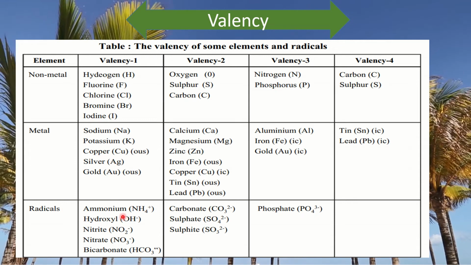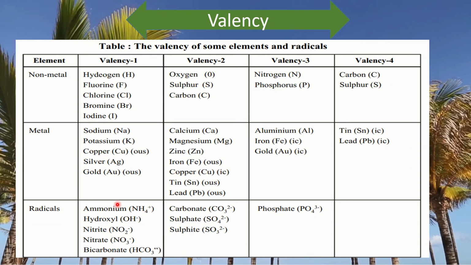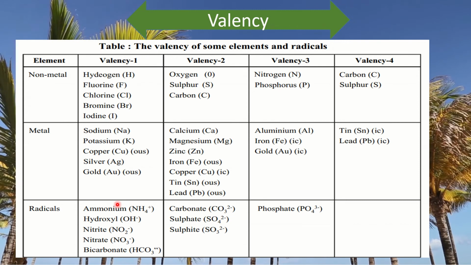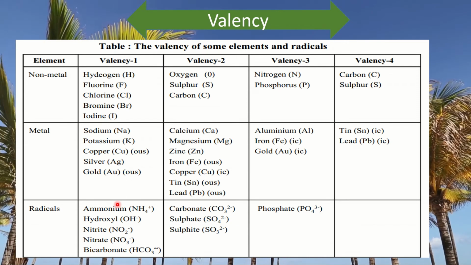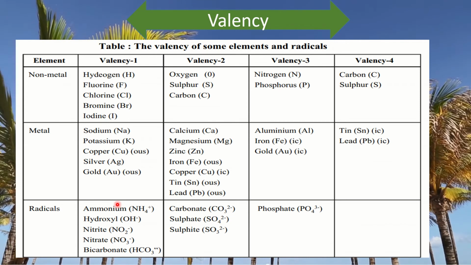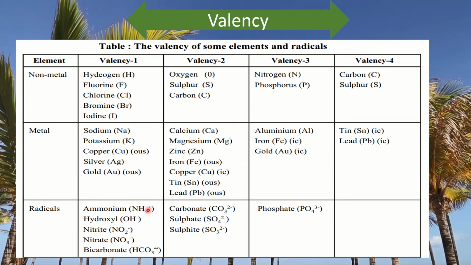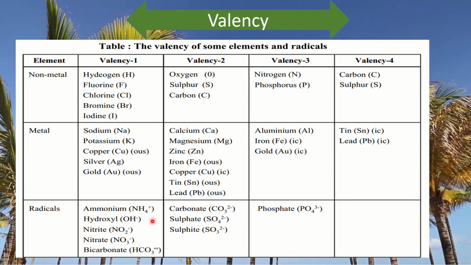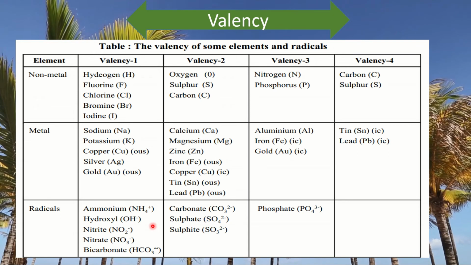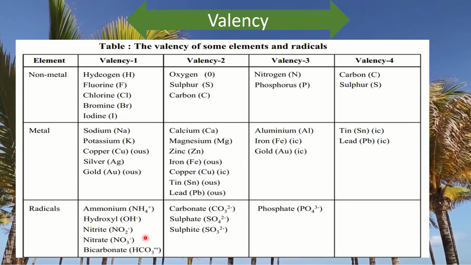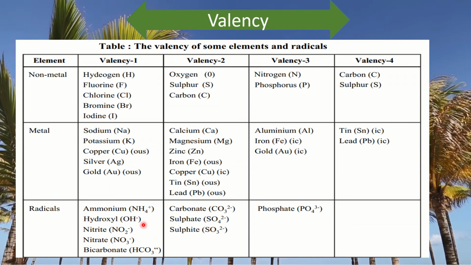This is ammonium. Dear students, I am telling what is radicals. Radical is a group of atoms, but this is not compound. A group of atoms which acts as a single atom. Group of atoms, but they are charged. We know when any atom makes compound with other, or when any atom joins with other atom, then they will become neutral.